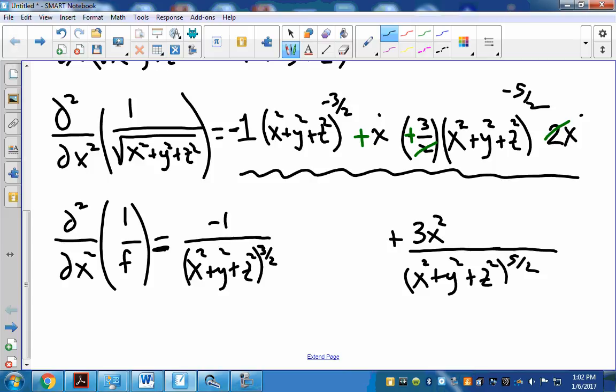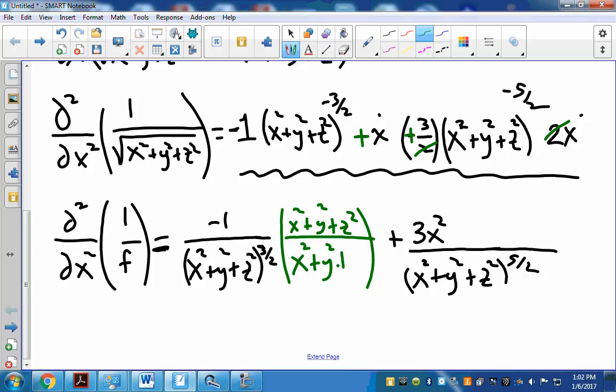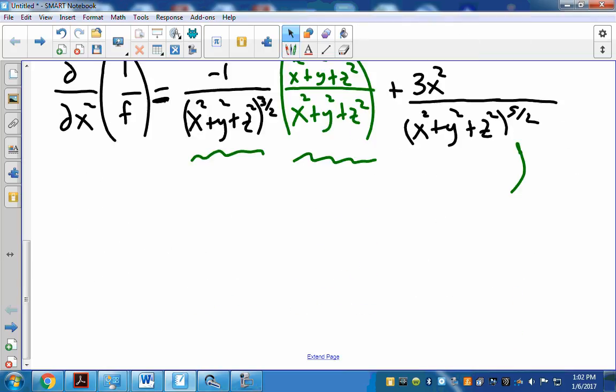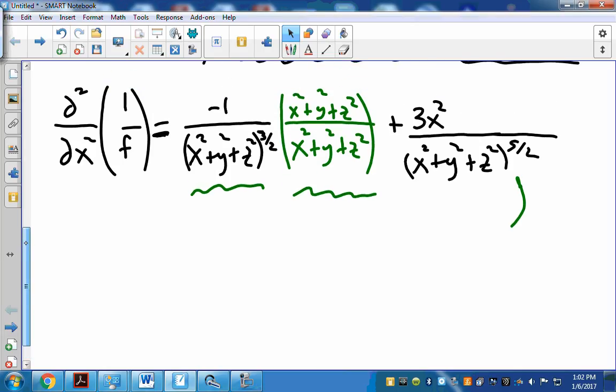Okay, and I'd like to add these two fractions up just to get a single fraction. So I can do that by multiplying this first term by x squared plus y squared plus z squared over x squared plus y squared plus z squared, because then I'll have this to the 3/2, this is to the first, and that will be to the 5/2. Hopefully you can follow that.